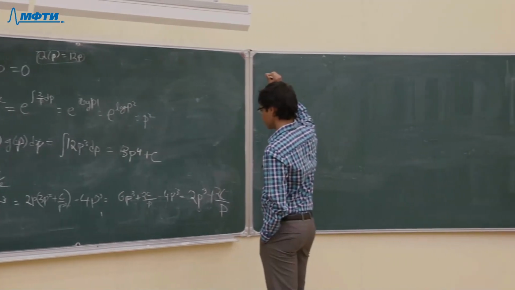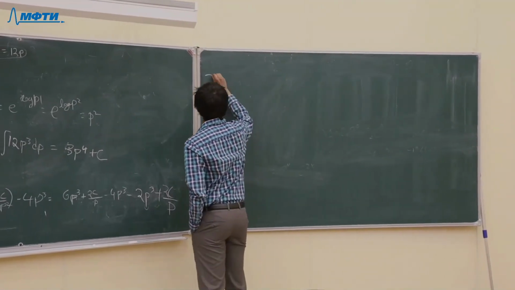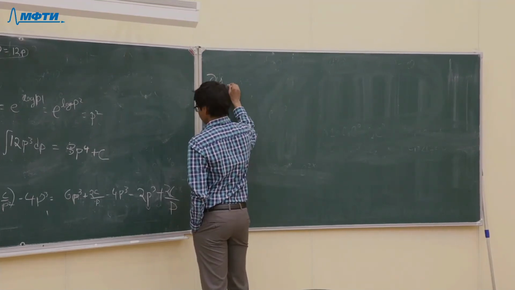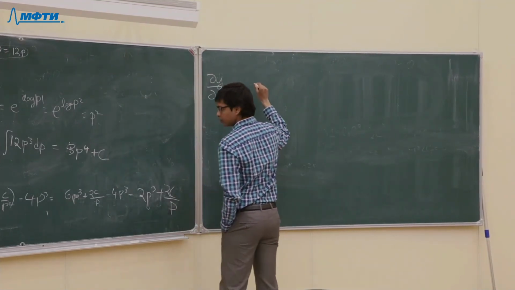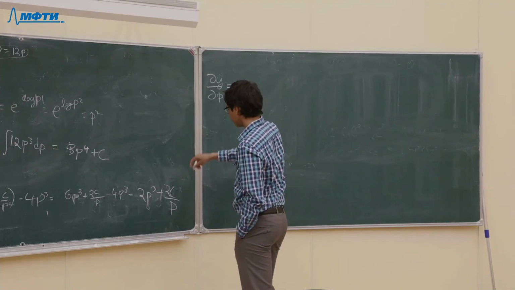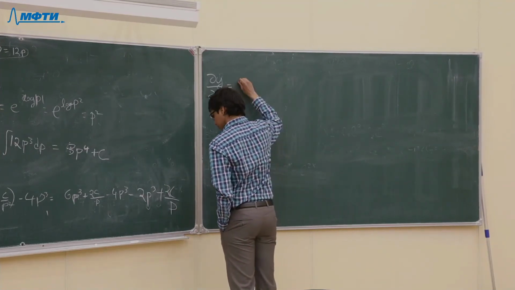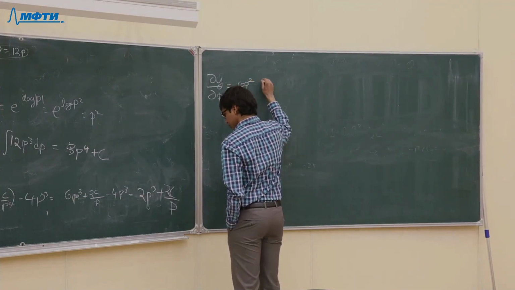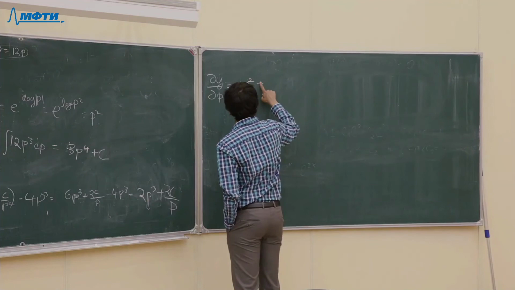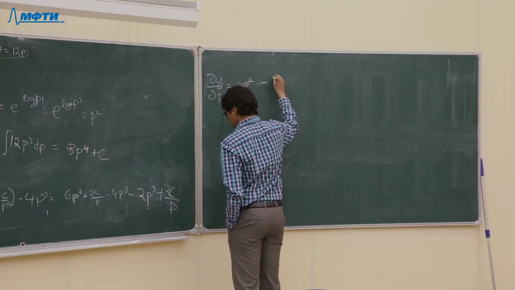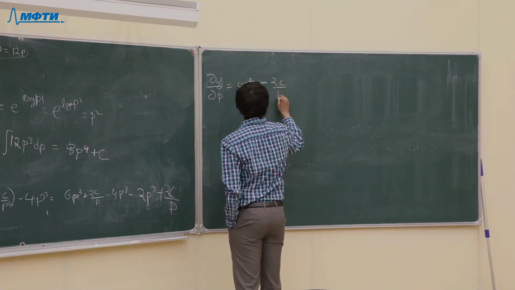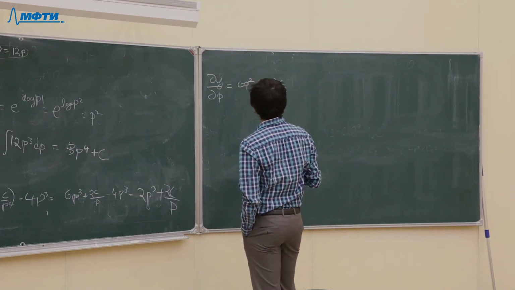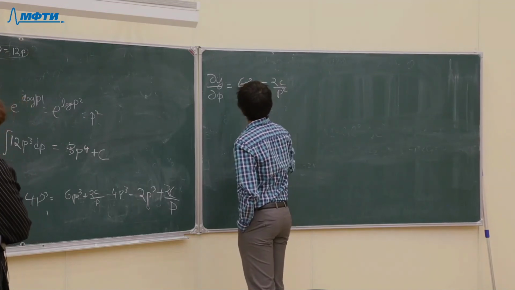Okay, so what is this? dy over dp, right? It is equal to 0, right?